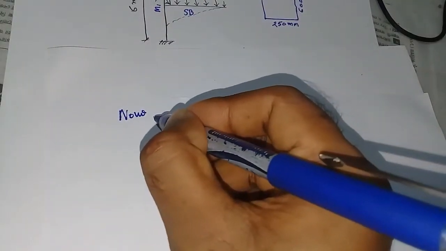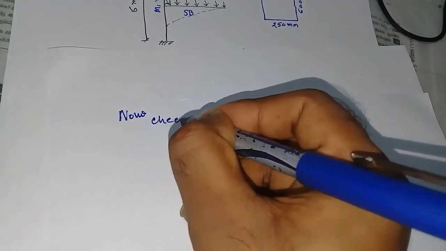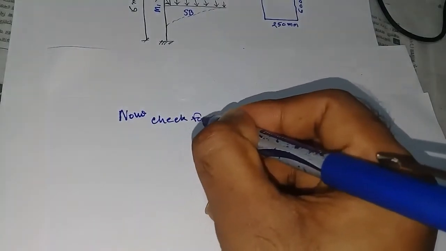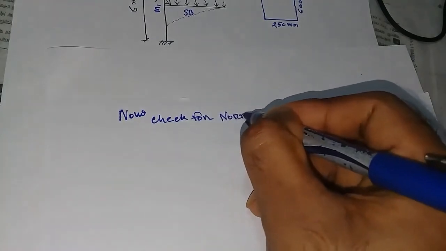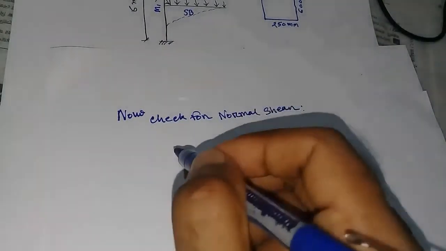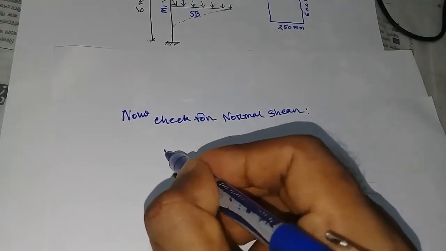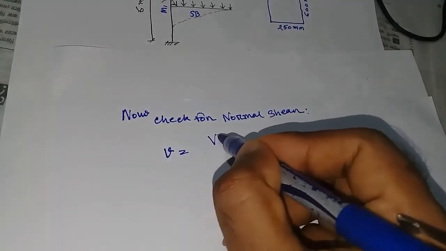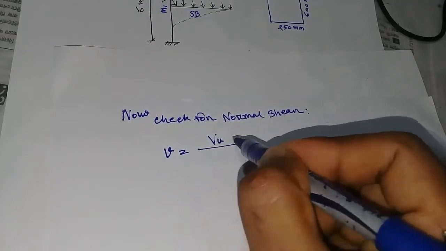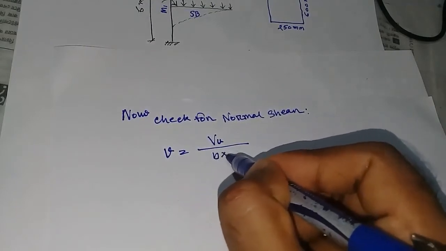Now check for normal shear. Normal shear stress equals Vu divided by b into d.